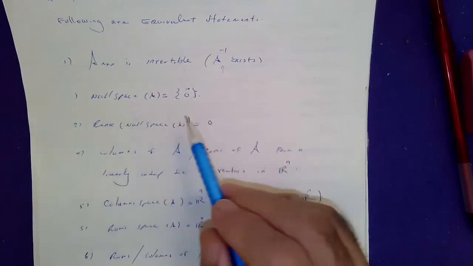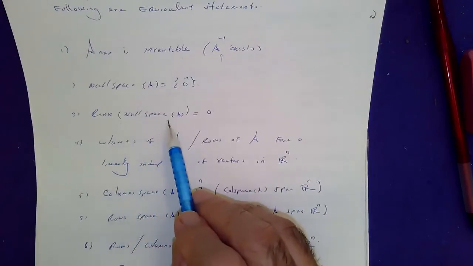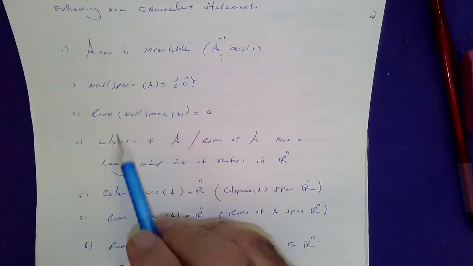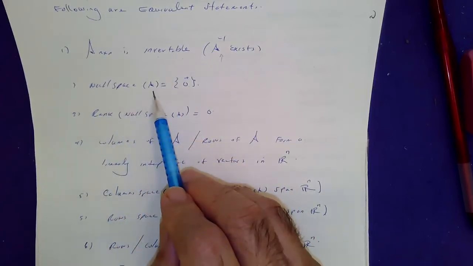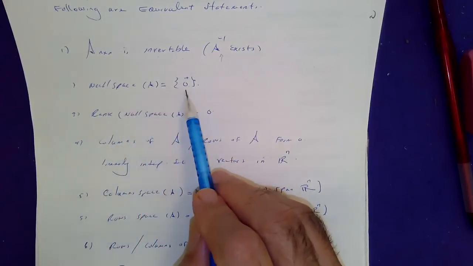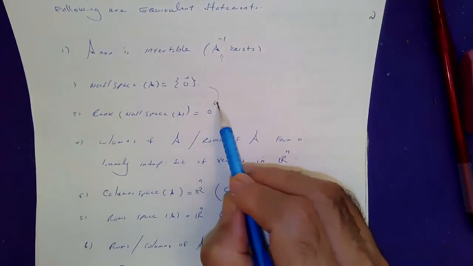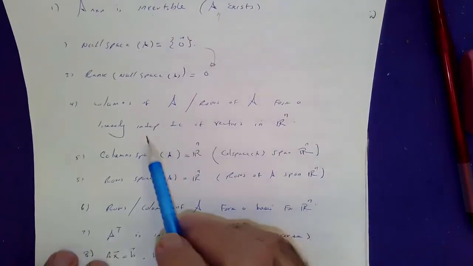We're going to talk about this. If the rank of the null space is 0, then A inverse exists. If the null space of matrix A is nothing but 0, that means A inverse exists.